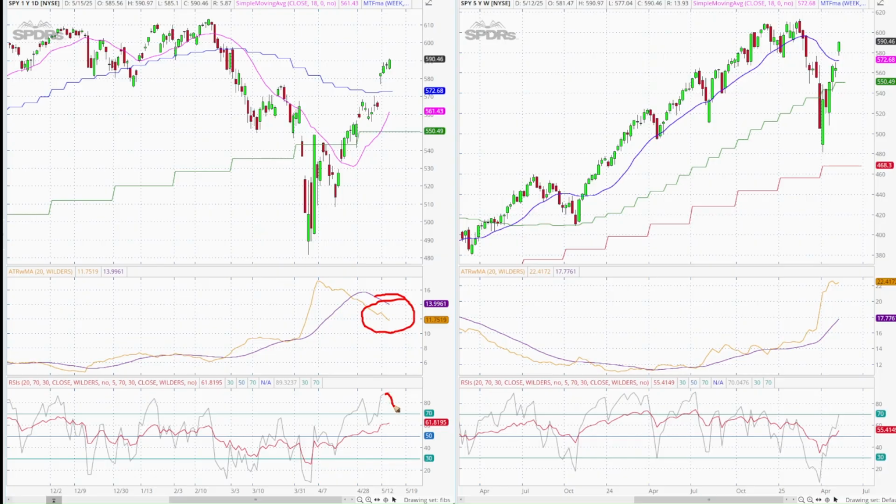I'd like to see the RSI 5 come back a little bit closer to neutral on the daily chart. I think if we can pull that off and not get this ATR climbing, then we're looking at a pretty good shorter term signal. The longer term trades, I still think have a little bit more risk to them.